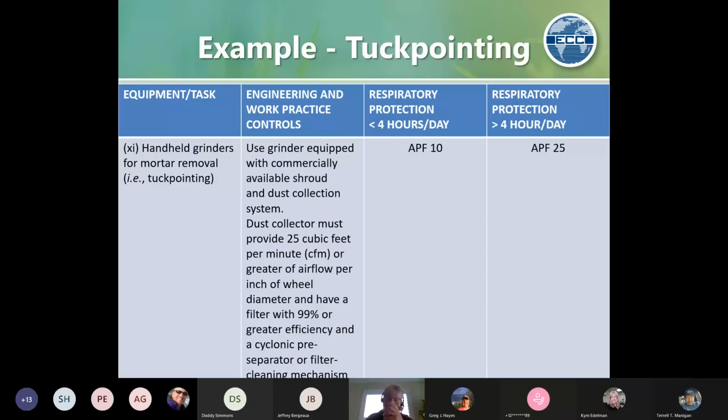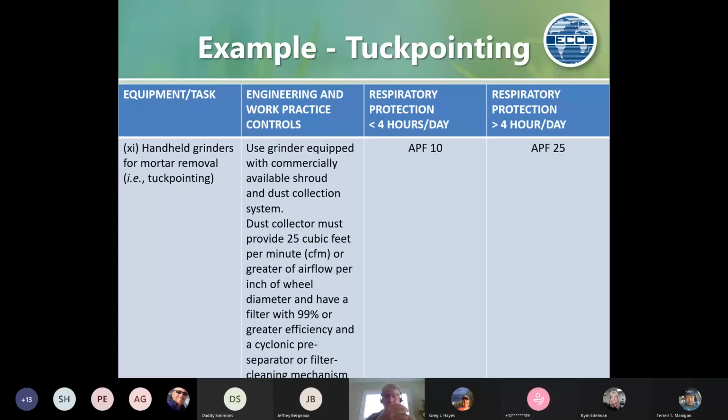Now, the example I have up here is for tuck pointing. This is grout removal, let's say from a brick building, using handheld grinders to remove the mortar. This is a particularly high exposure activity. You're dealing with a high-speed grinder. It's handheld.